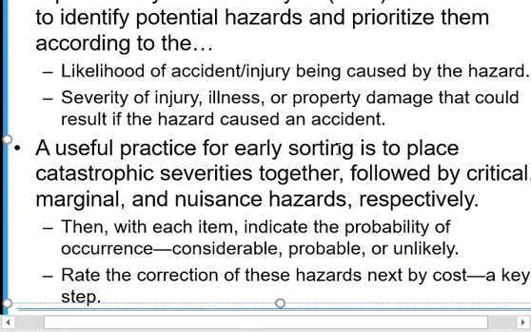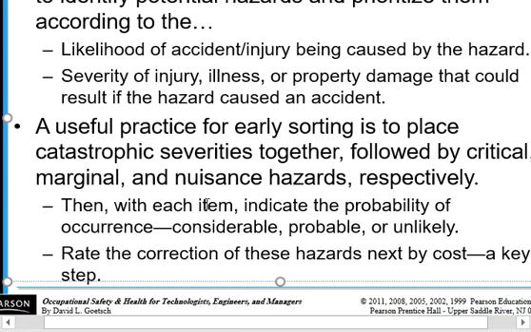Now the question is, when I talk about preliminary, when should I apply it? Why don't I apply a detailed hazard analysis right away? Well, I do not apply detailed hazard analysis right away unless under certain circumstances. We'll discuss them later on, because the detailed one will require more time, more effort, more statistics.